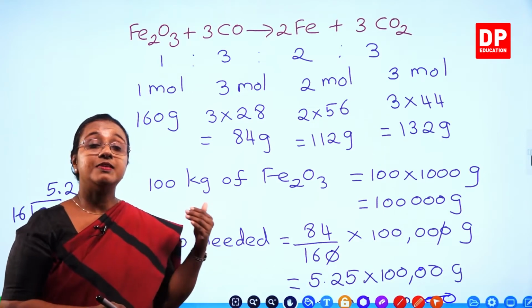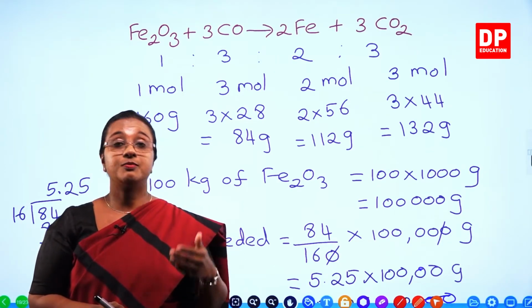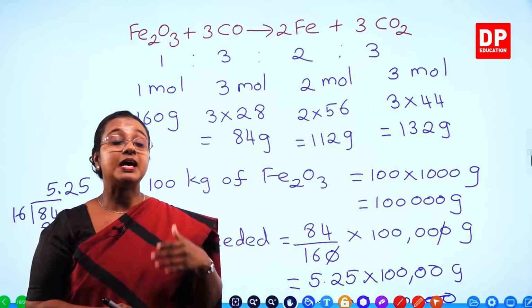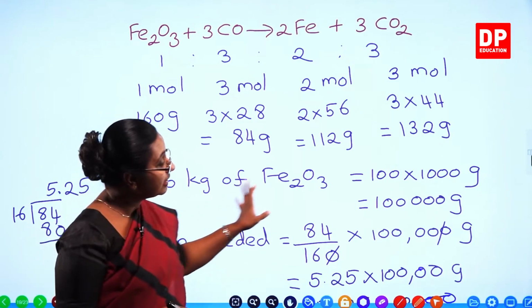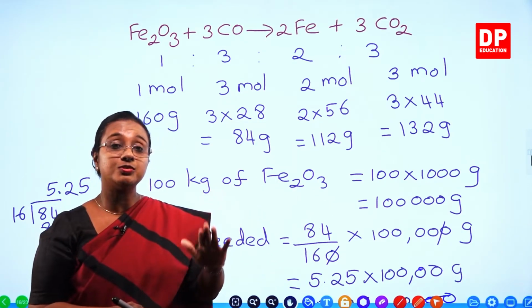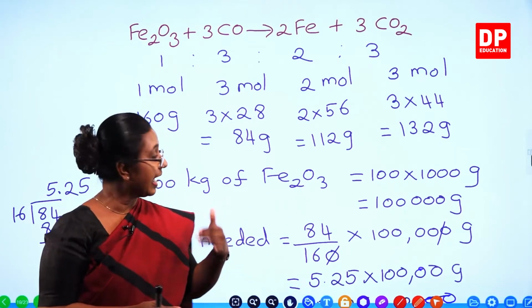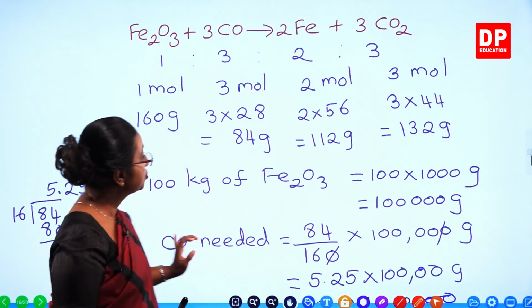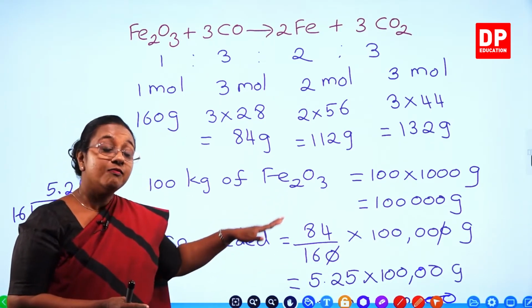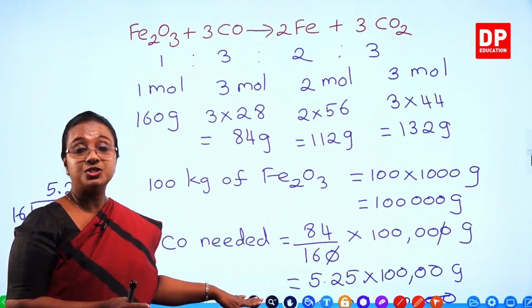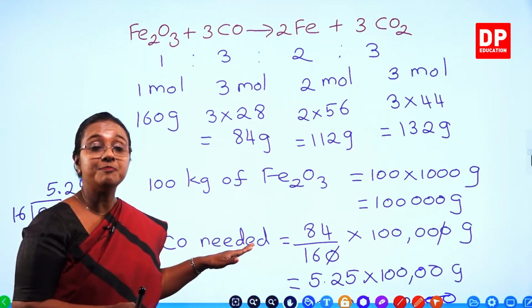So since we have the molar mass in grams, whereas the amount of hematite is in kilograms, either you can convert the grams to kilograms, or like I have done, kilogram to grams, and then do the calculation. So you will get the answer. Whatever the unit conversion you do, you will get the same answer.